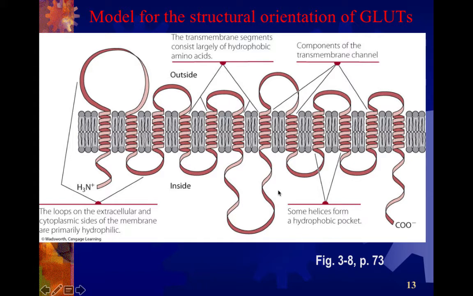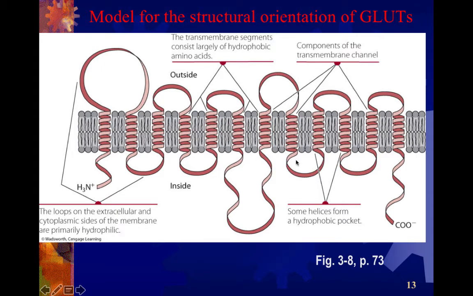We talked about that when we talked about lipid bilayers and characteristics of proteins that are inside lipid bilayers. Right? So how did this protein get here? Well, it went through the secretory pathway, and then it was embedded in this membrane so that it can transport glucose. In this case, glucose in either direction because it's facilitated diffusion.